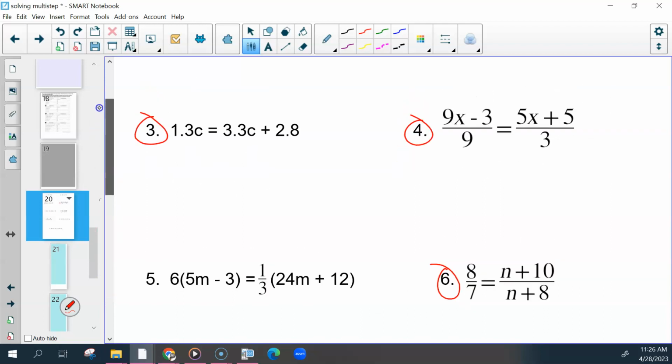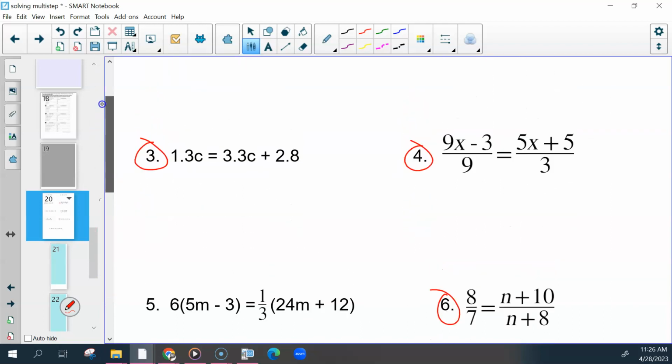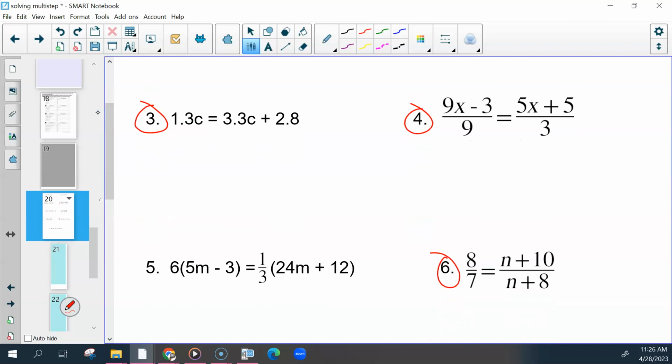Alright, let's start with 3. We have variables on both sides. So your goal is to get all the variables on one side and all the constants to the other. So how would I get this over?